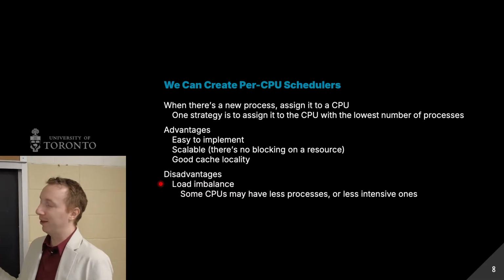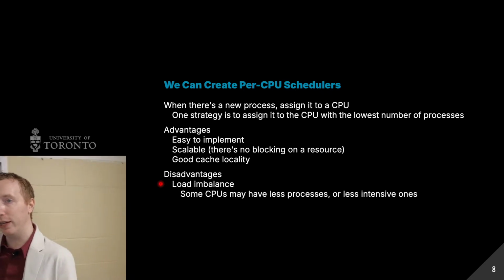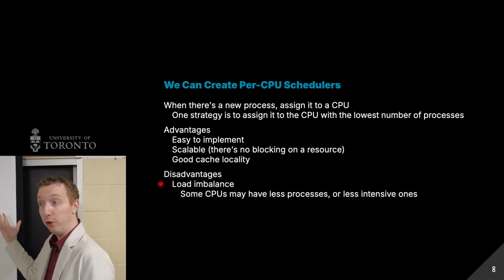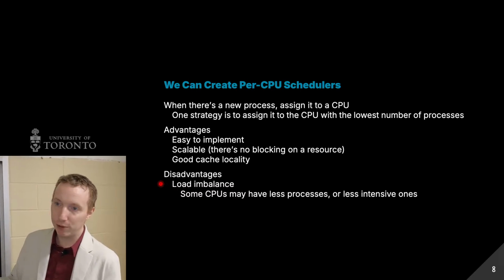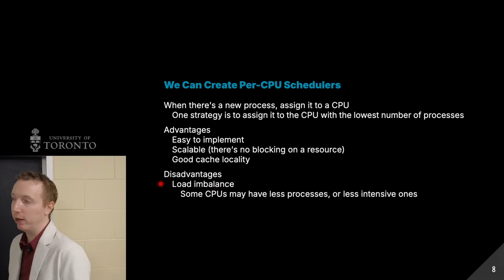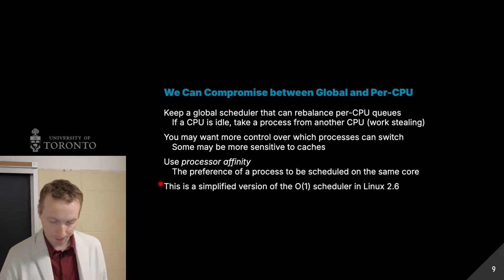Well, if I make the decision to schedule both of the long ones on the same core and both of the short ones on the other core, eventually that one core is going to be done with the 2 really short ones and be idle. And then the other CPU core will just be bouncing between the 2 long-running processes while the other one is idle. So probably not a good thing to do.